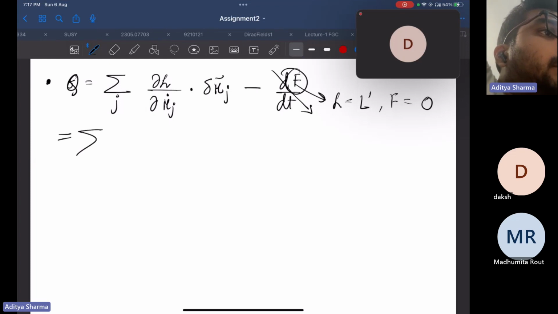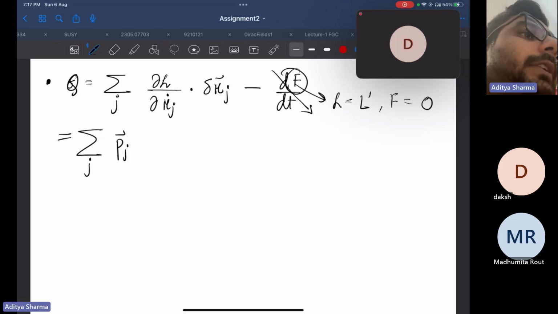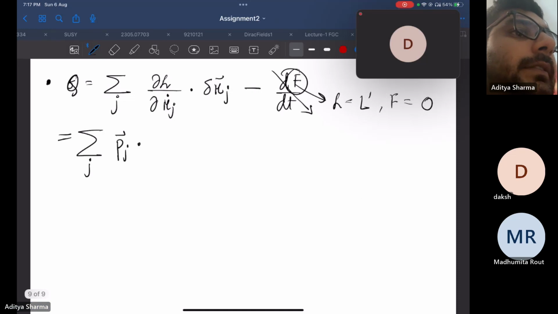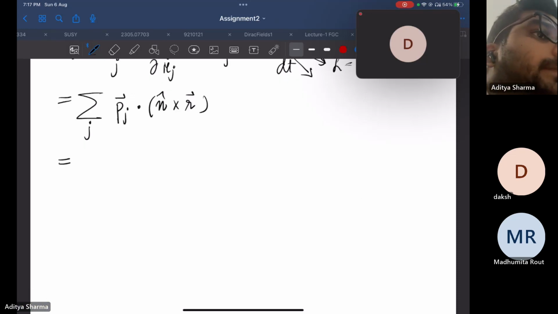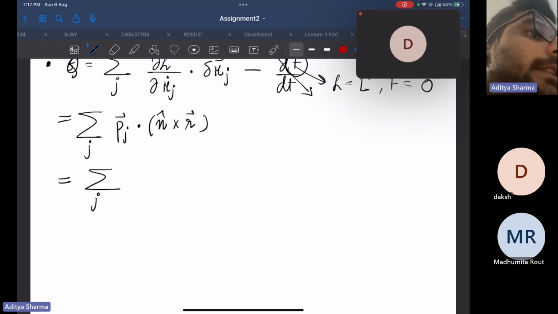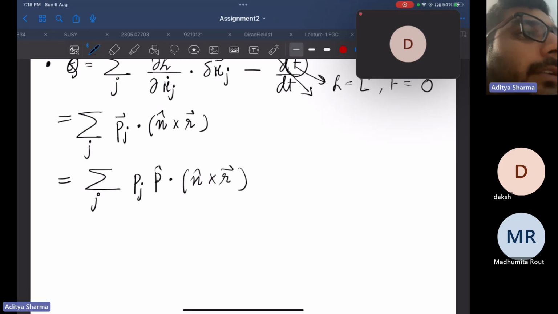So you'll have equal to J. Dou L by dou Rj dot is nothing but the momentum pj, and this term is n cap cross R vector, and so you'll get, I'll write this as pj, some p vector, p cap cross r vector.